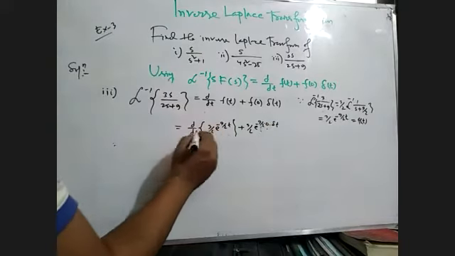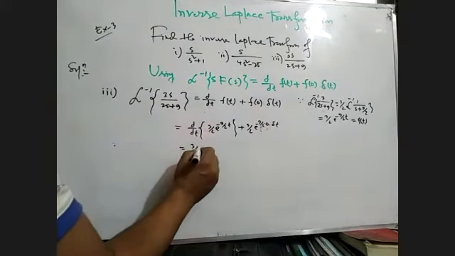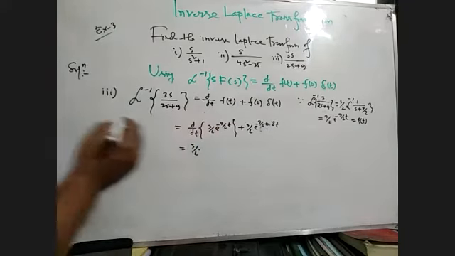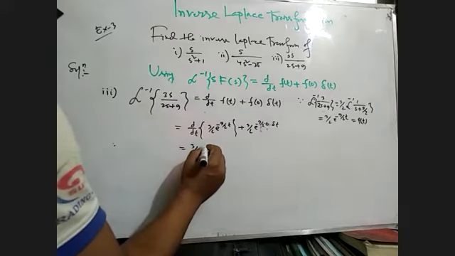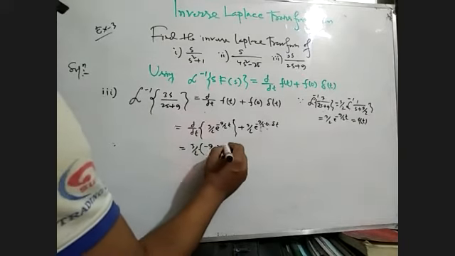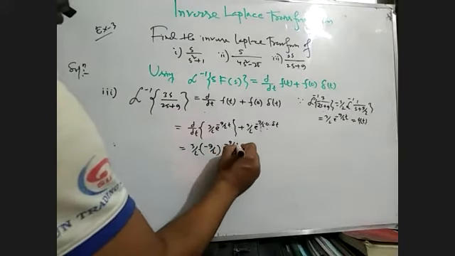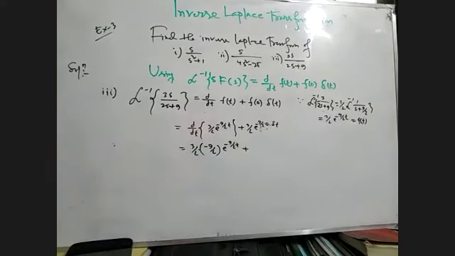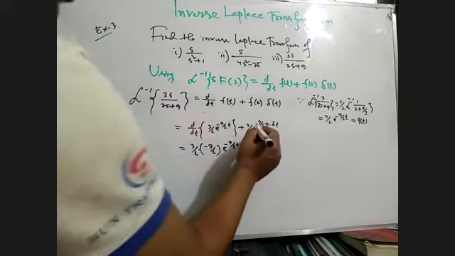This equals differentiation. Original differentiation 3 by 2 e to the power minus at formula, e to the power minus at. Minus 9 by 2 multiplying with the coefficient, e to the power minus 9 by 2 t, plus e to the power 0.